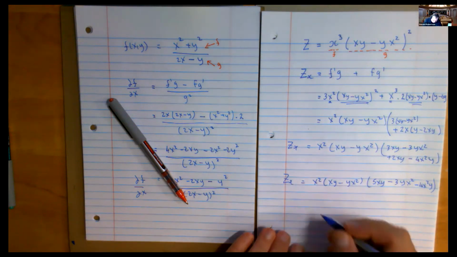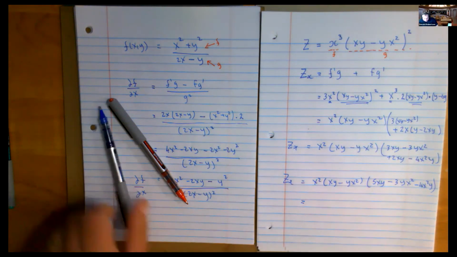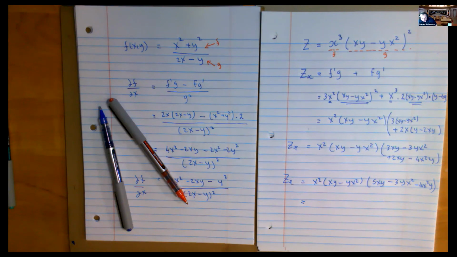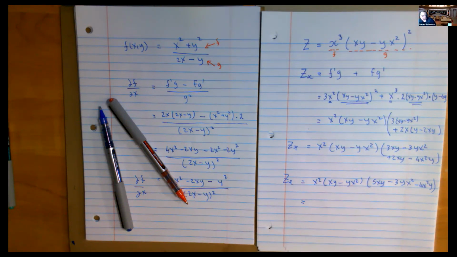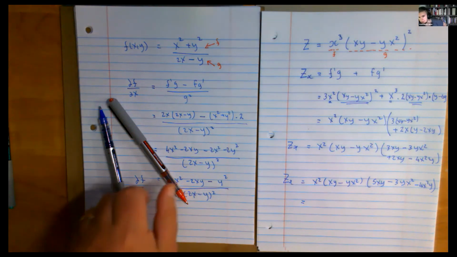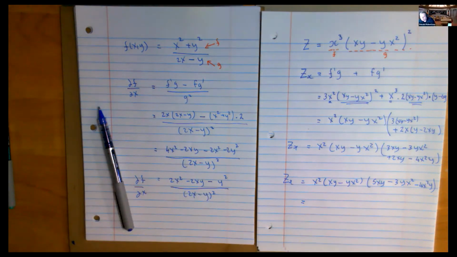Here's a puzzle for you: is that as factored as much as it could be? Because you really should be writing your answer in its best format. I call it style points. Can this be improved upon? Is there anything you can do with xy take away yx squared? You could pull another x out to the front. Could we pull out a y as well while we're at it?